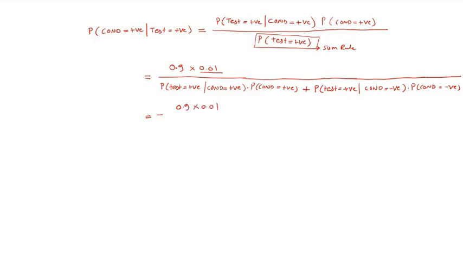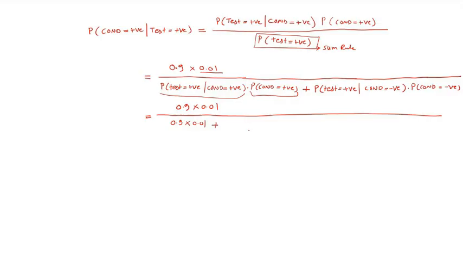So as it is, now we have to write the denominator. So first thing, this one is 0.9 multiplied by 0.01. Okay, so this is 0.01 plus. Now what is the probability of test positive given condition is negative? Can you find out?